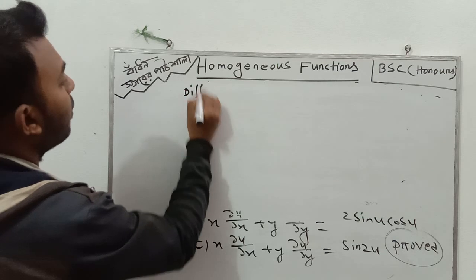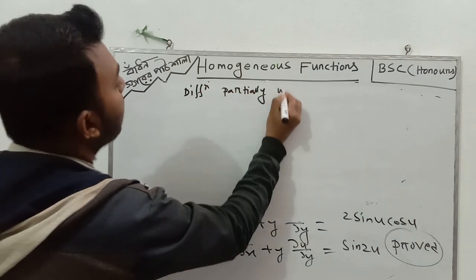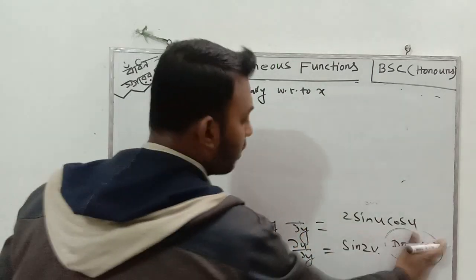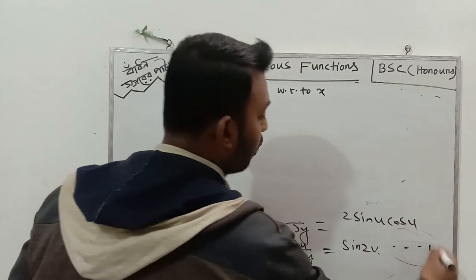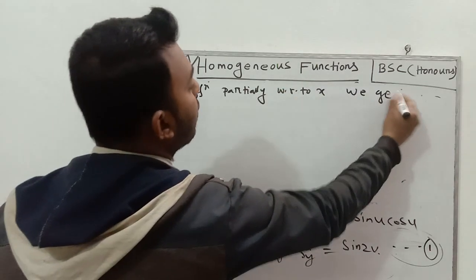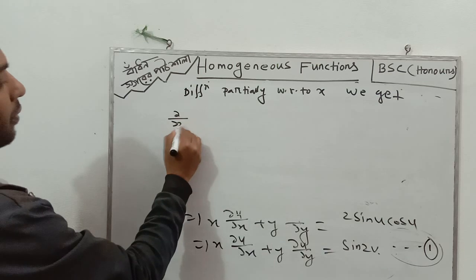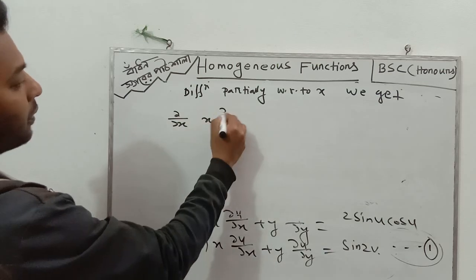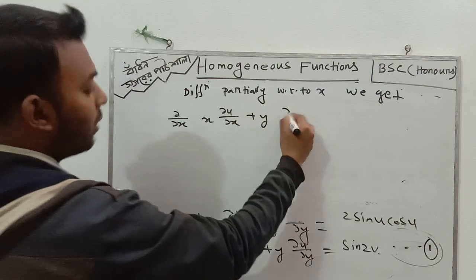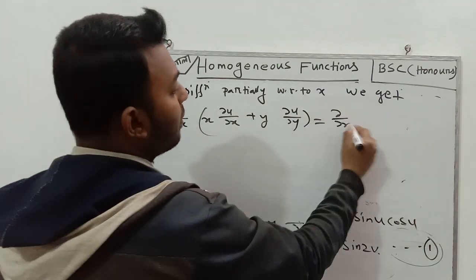Differentiating partially with respect to x, taking this equation 1, we get del del x of x del u del x plus y del u del y is equal to del del x of sin 2u.